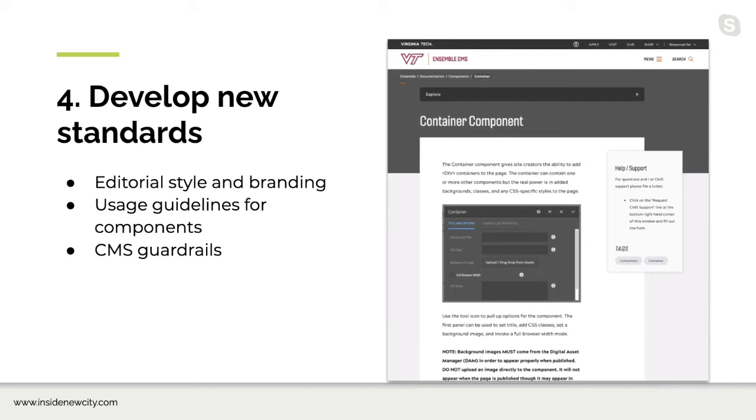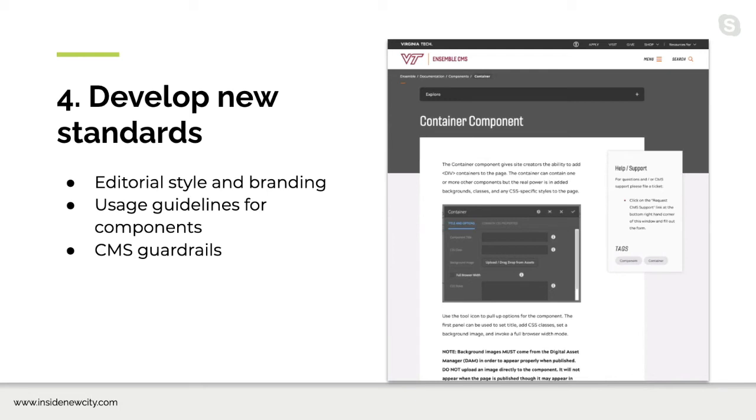So after you've thought through those key pages with your stakeholders and you've helped them see how those things are going to change, and that what you're doing is a real job that takes some skill and some experience, and maybe they should let you change a few words every once in a while, then you can use some of that new goodwill that you've built up and develop some standards.